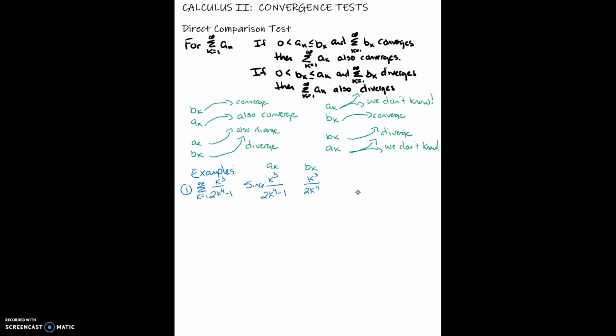Notice that this has a smaller denominator, which means that overall it's the larger fraction. So the a sub k's, in this case, are greater than the b sub k's. All right, the a sub k's are larger, so I'm hoping that the b sub k's will diverge.